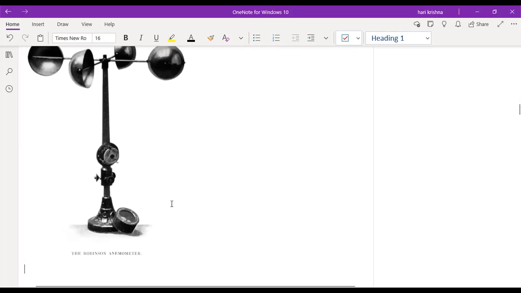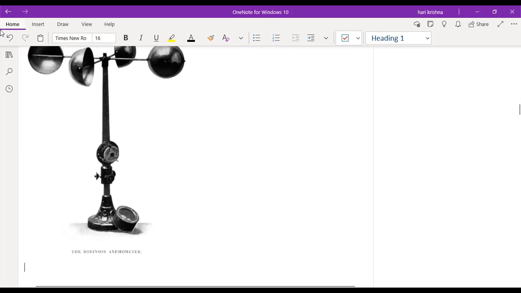What is the instrument to measure the humidity? Sir, hygrometer. Hygrometer. We'll use a hygrometer to measure the humidity in the air. But what about the instrument to measure the temperature?